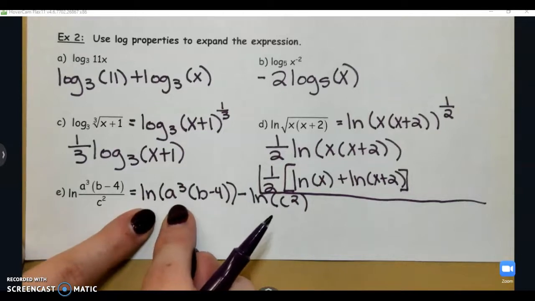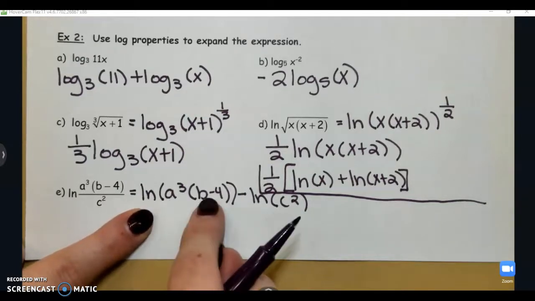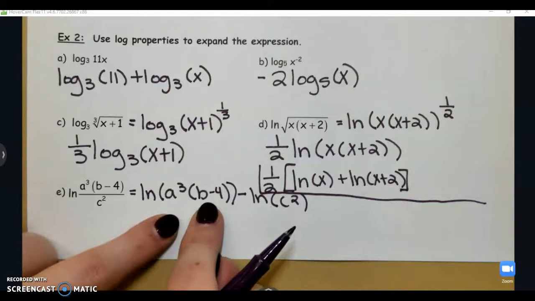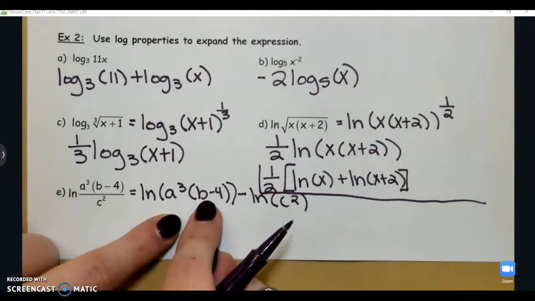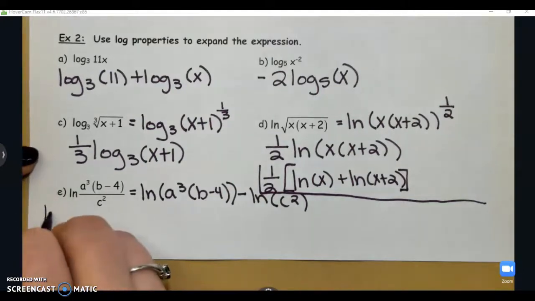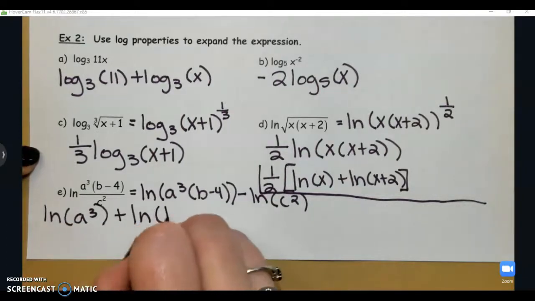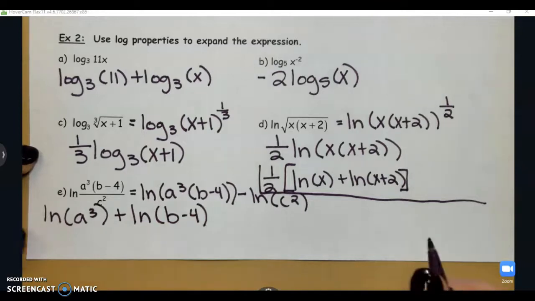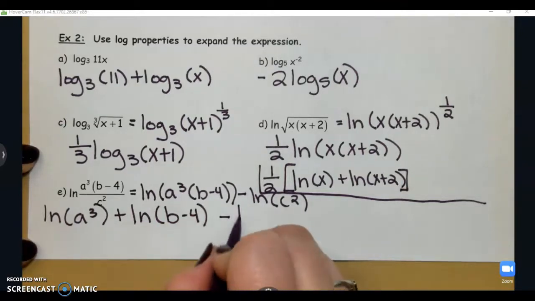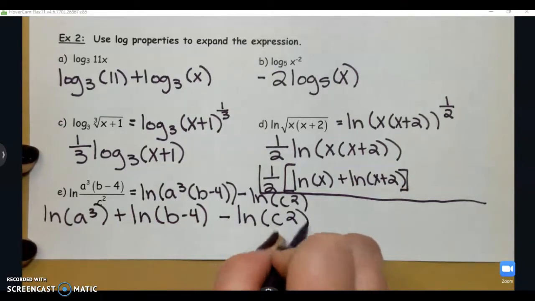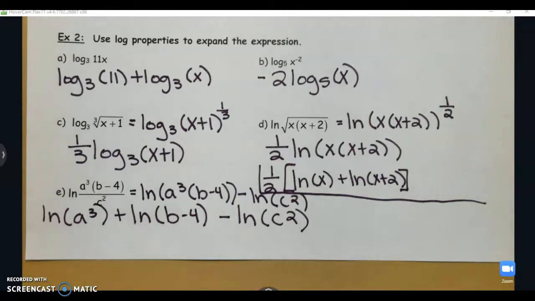Now, one at a time, I'm going to look at each of these expressions. What I have in this first one is natural log of a cubed times b minus 4. This is our multiplication property, so I'm going to be able to take natural log of a cubed plus natural log of b minus 4. And that, of course, is being subtracted from natural log of c squared. Now I need to look at my exponents.